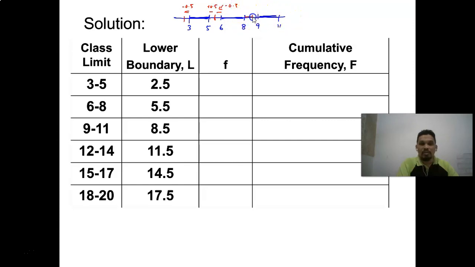So this is the upper limit of the first class, and this is the lower limit of the second class. Between these two, we can imagine a plus or minus 0.5.